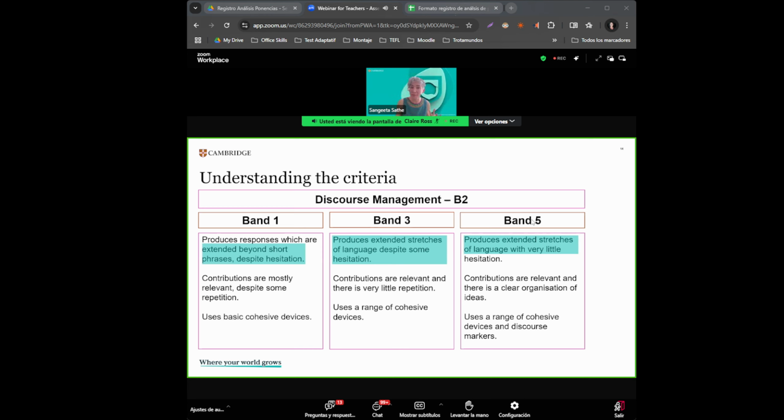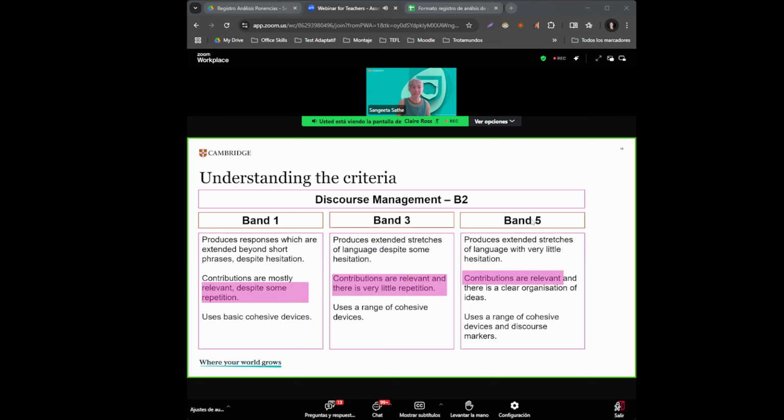In part 2, an extended stretch means speaking for a full minute. So bear that in mind depending on the task they're doing. And also notice that hesitation is still expected at this level. Even at band 5, we expect a little bit of hesitation.